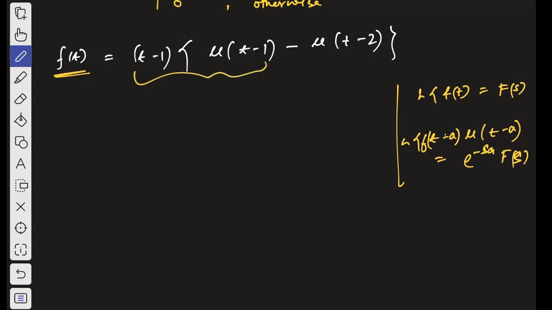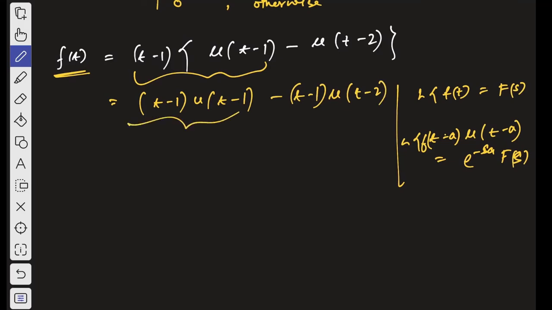So we can apply this. Here you can take the first part only. If you expand this, you will get u of t minus 1, and then minus t minus 1 into u of t minus 2. So now let us take this part only first.